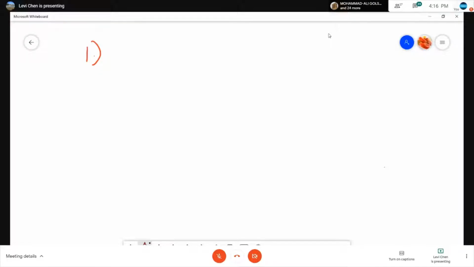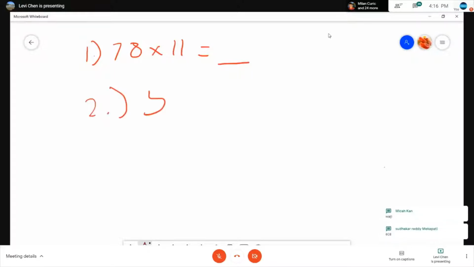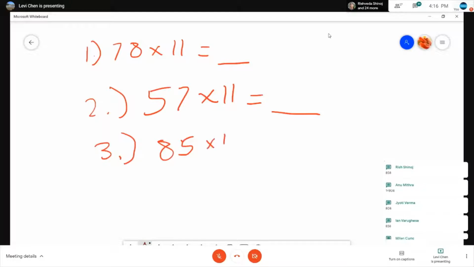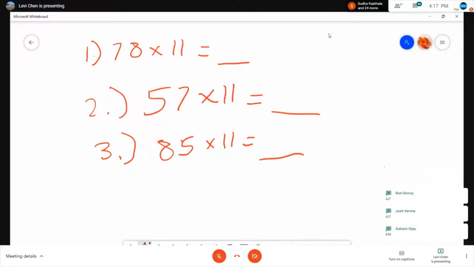Let's go for 78 times 11 equals blank. 57 times 11 equals blank. Number 3, 85 times 11 equals blank. All right, so try solving those on your own, and then we'll go through each of them.